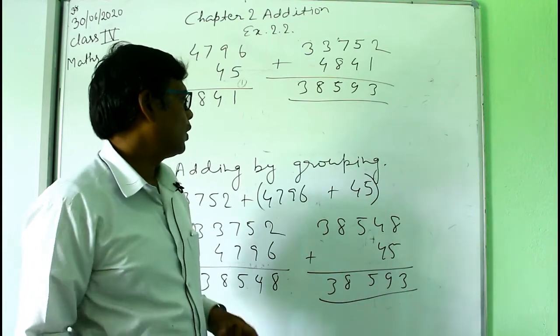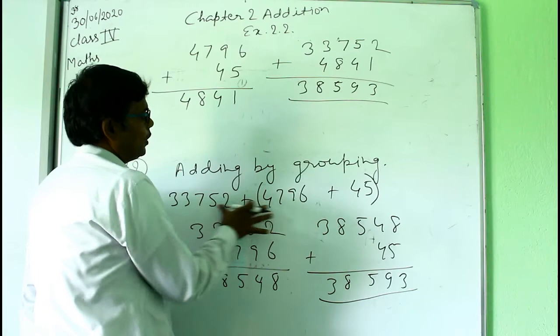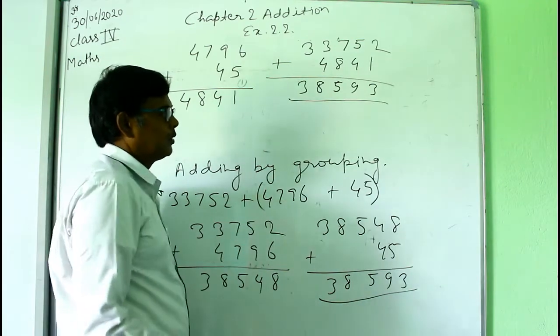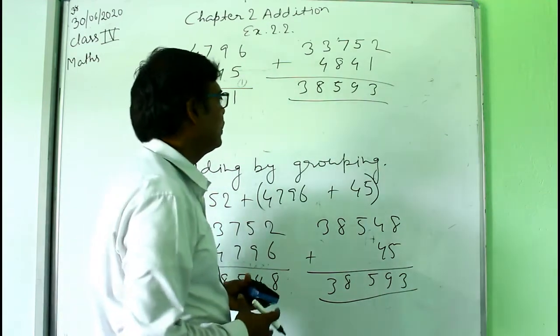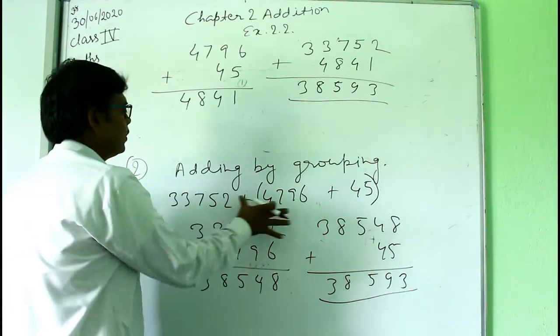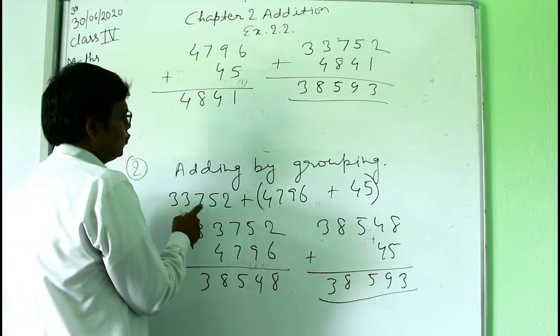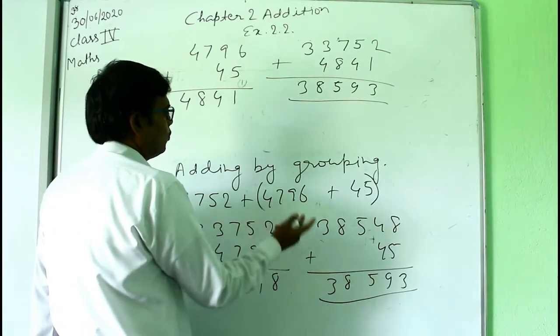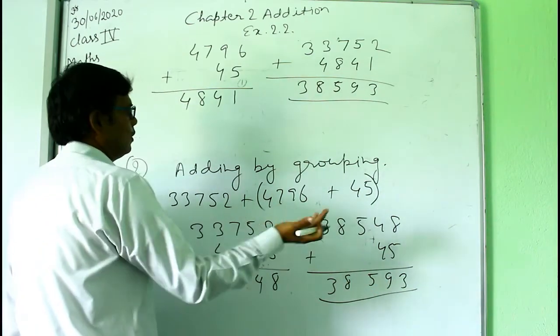So here what we have learnt is that if you change the grouping of 3 or more numbers and then add, the answer will remain the same. If you have 3 numbers, then you can have 3 types of grouping. First you have grouped this, now you have grouped this number and this number, and also you can group this and this, and then this number.